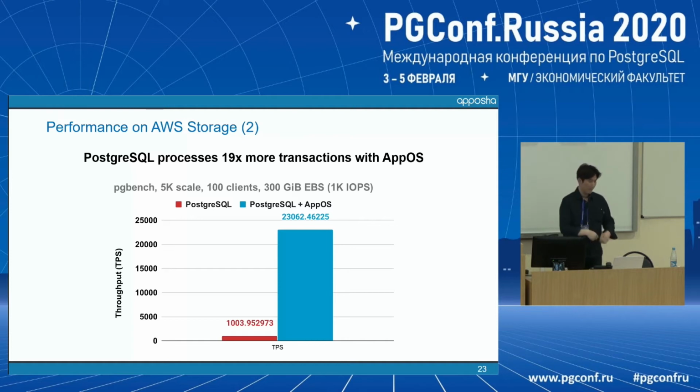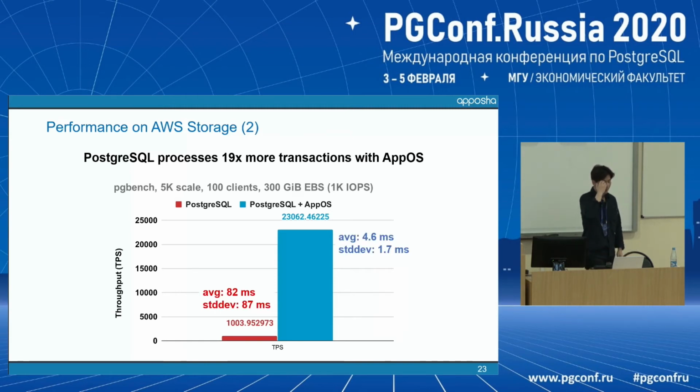With the AppOS extension enabled, PostgreSQL can process 19 times more transactions. Without AppOS, PostgreSQL can only process 1,000 transactions per second, but with AppOS, PostgreSQL can process 23,000 transactions per second.